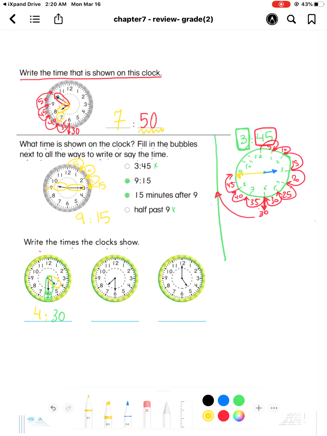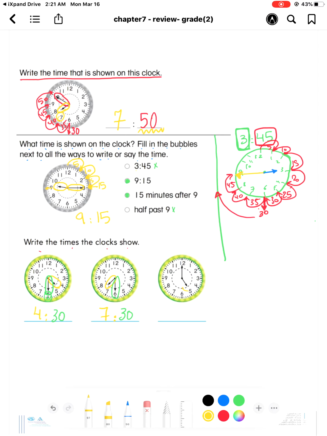Now the next question. The next clock we have here, the short hand, the hours hand is at 7 o'clock. What about the long hand, the minutes hand? It's 30. Excellent. Now let's move to the third clock we have.